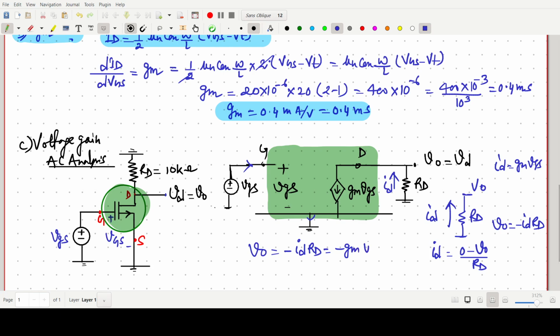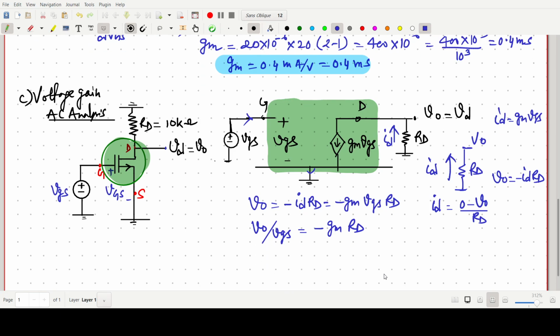So minus GMVGS into RD. So V naught by VGS equals minus GMRD will be the gain. Okay, so this one is the gain AV, that is our V naught by VGS, and this should be minus GM.